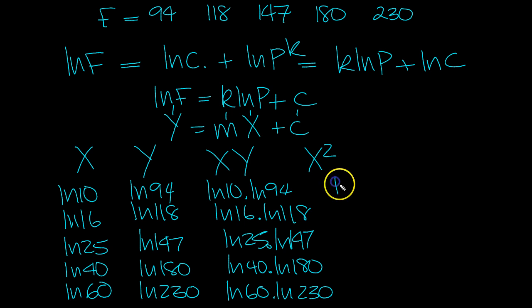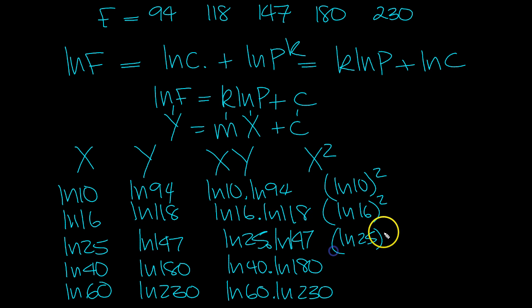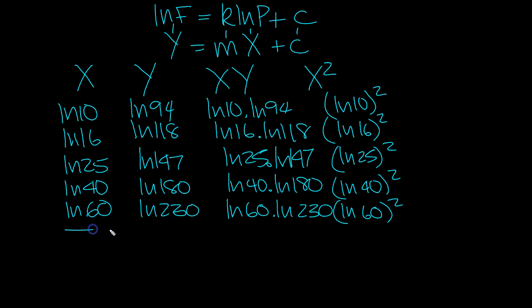Okay, then the sum of the x squareds is ln 10 all squared. It's not the log of 16 squared, it's the log of 16, squared. So in the calculator, once you close the log bracket, you can square it. That's what this corresponds to in the calculator. I'll show you that in a moment. Okay, there's our table, so we need to find out these values, don't we?